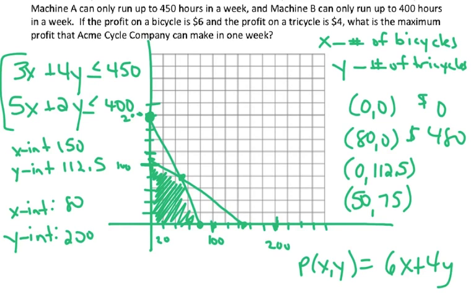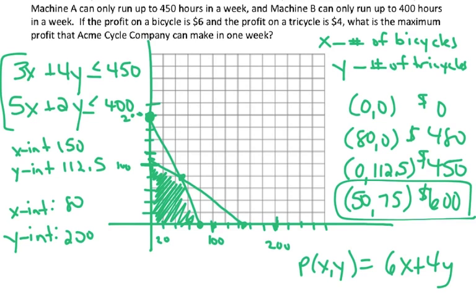If I made 112.5 tricycles, I'd make $450. But if I make 50 bicycles and 75 tricycles, I'm going to make $600. So my maximum profit would be $600, and I would get that maximum profit by making 50 bicycles and 75 tricycles.